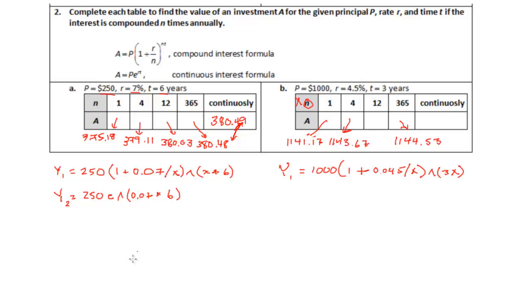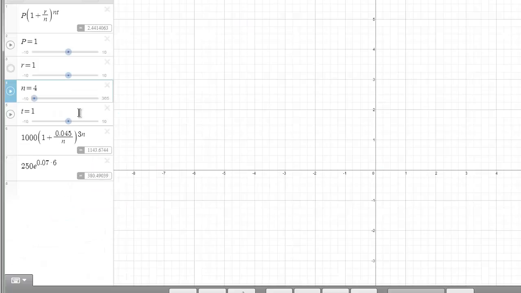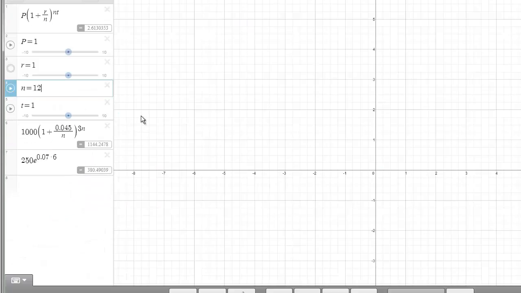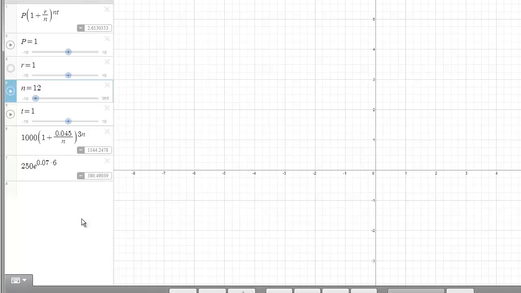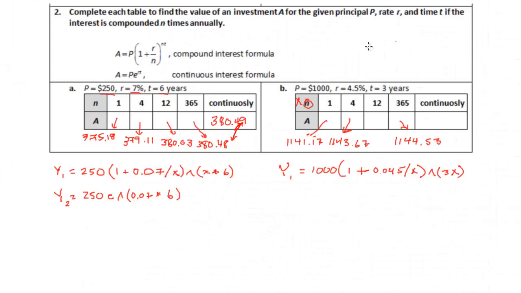And then monthly, $1,144.25. Notice it's a little bit more than quarterly, a little less, but not much, than daily.